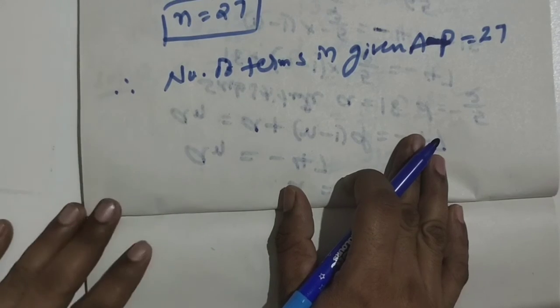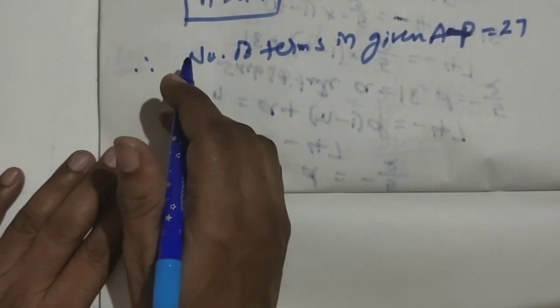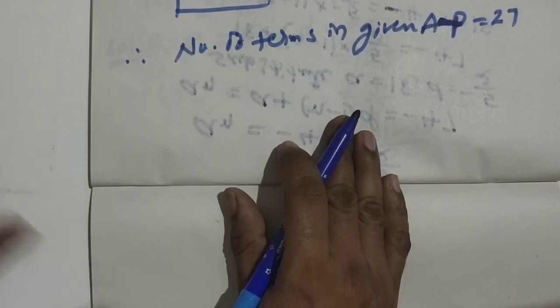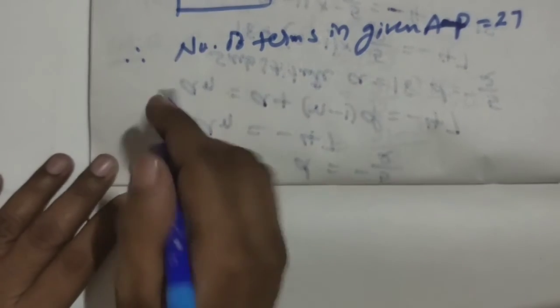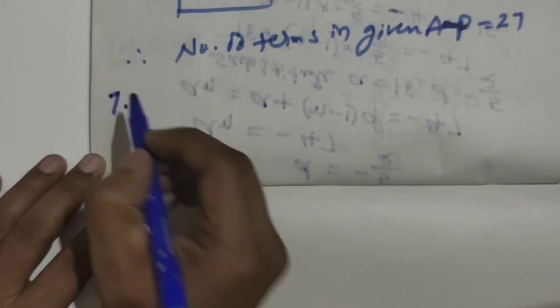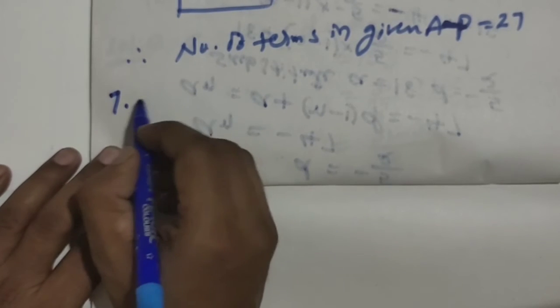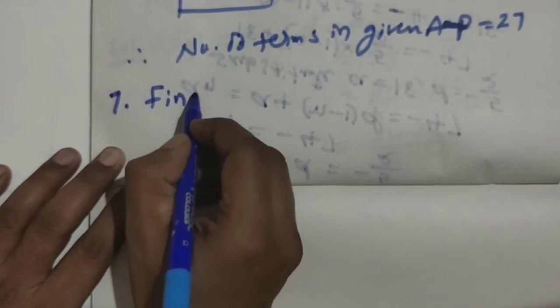Okay, now next, some alternate sums are remaining, do them yourself.